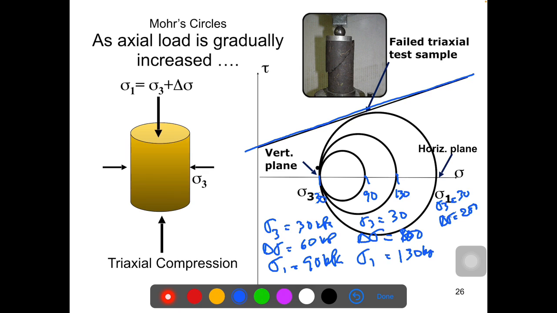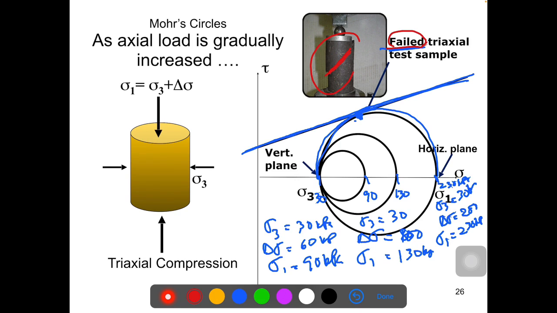Your sigma 3 is still 30 kPa, but now your sigma 1 is 230 kPa. Now this Mohr circle touches the strength envelope, which means the soil has failed.